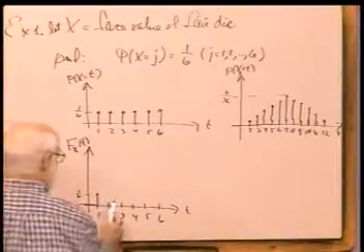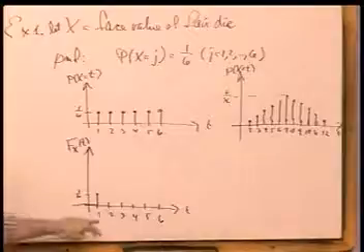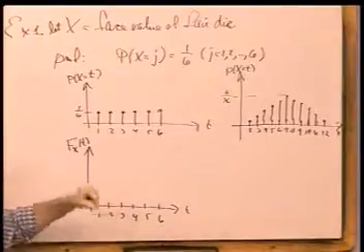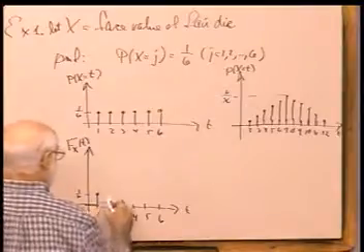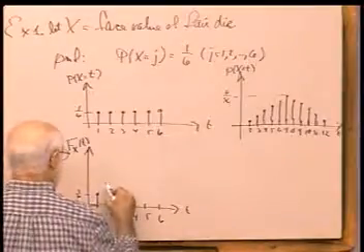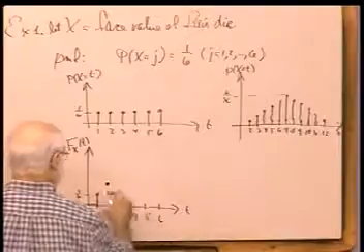When t is equal to 2, what's the probability that X is less than or equal to 2? Well, that would be 1/6 plus 1/6, or 2/6. So at this point, it's 2/6.